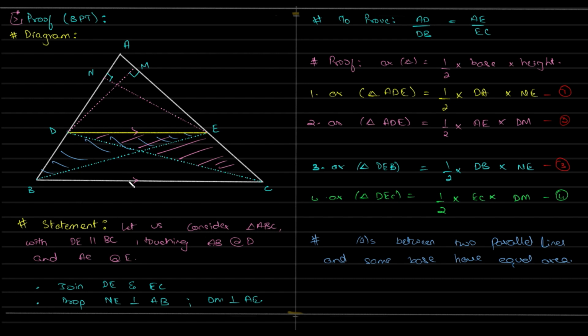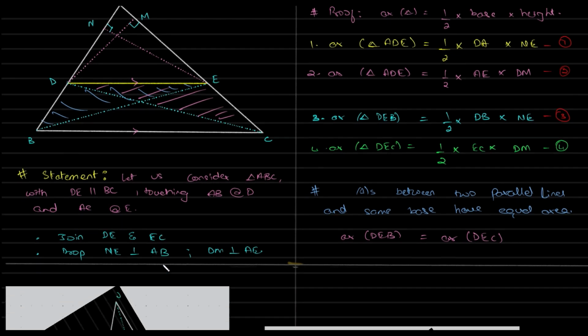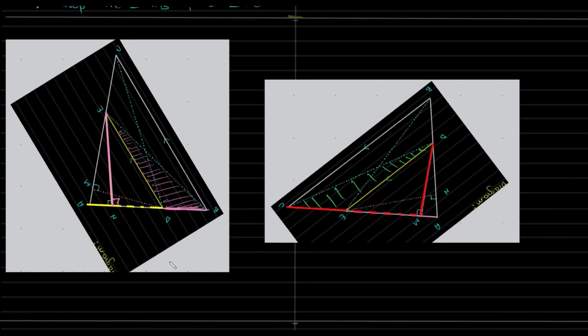So with the same base and between two parallels, we have the area of DEB is equal to the area of DEC. Okay, so now let me clear this up for you guys, then we can continue.